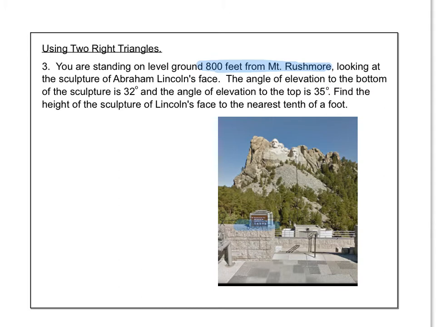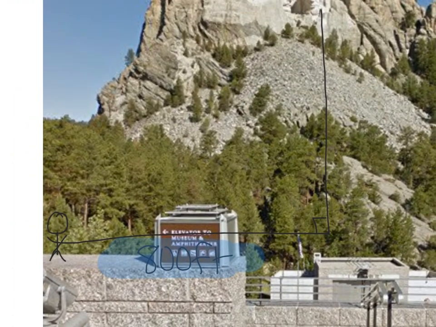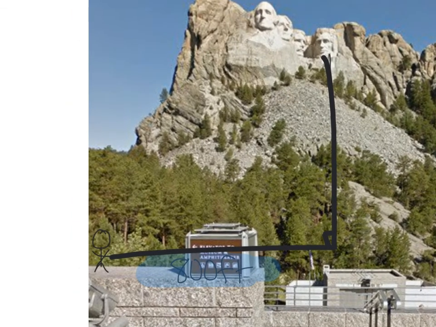Then if I look at the next part, it says the angle of elevation to the bottom of the sculpture. So I know it's going to be an angle of elevation, so it's going to go in the corner, but it's to the bottom of the sculpture is 32 degrees.